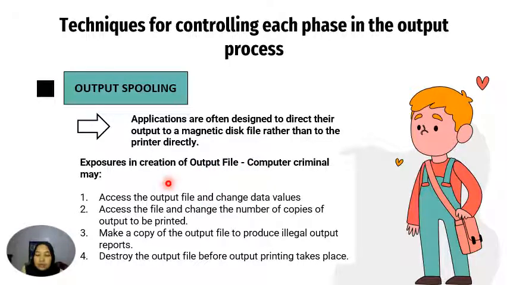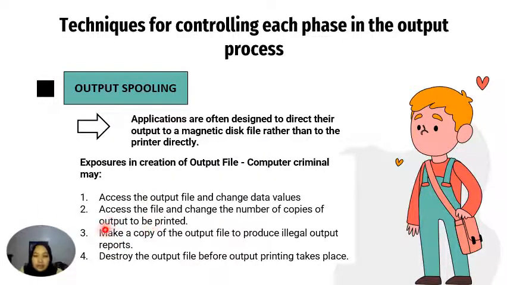So these are the unauthorized acts that the computer criminal may perform. First is to access the output file and change data values. By doing this, a criminal may effectively circumvent the processing controls designed into the application.